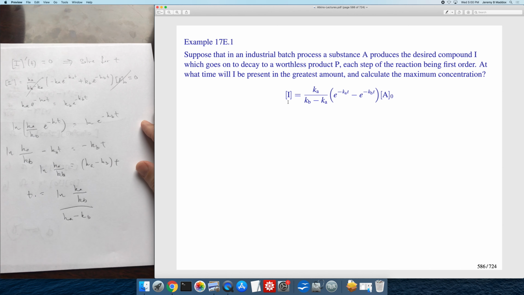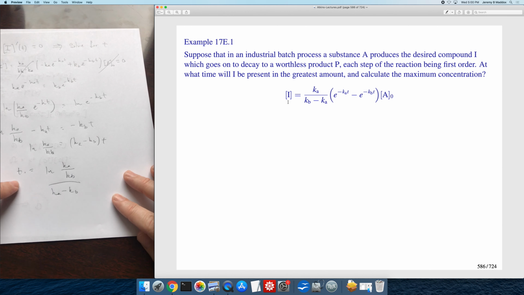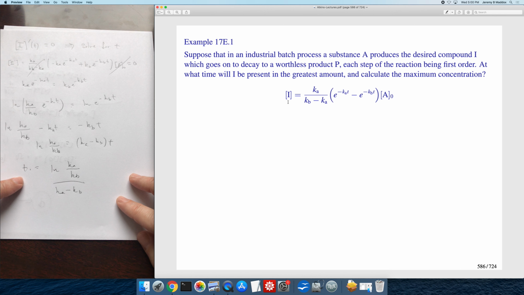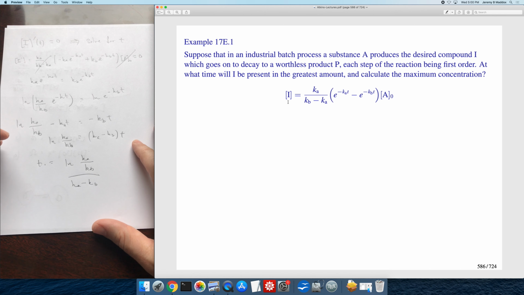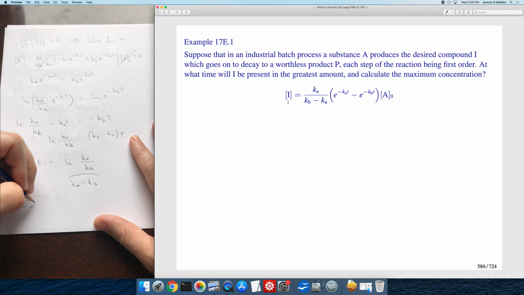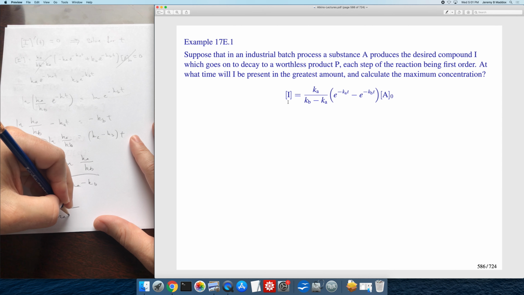I think I did the algebra correctly after that, but anyway, that would be the time at which the function peaks. The second part of the problem, which I won't do, involves taking the function for I and plugging in that time, t equals the natural log of Ka over Kb, divided by Ka minus Kb.